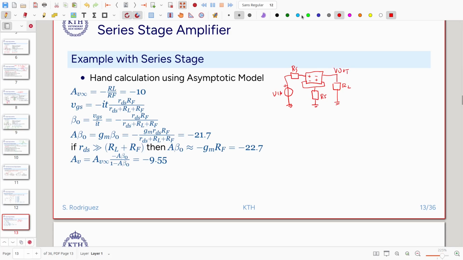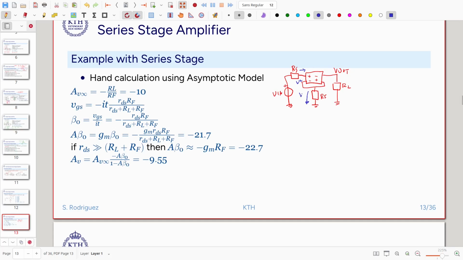So I calculate Vout assuming that I have an ideal amplifier and nullor, and then I can do immediate calculations here. There is no current flowing here, that will be Vin, and then it becomes just a transconductance amplifier here.